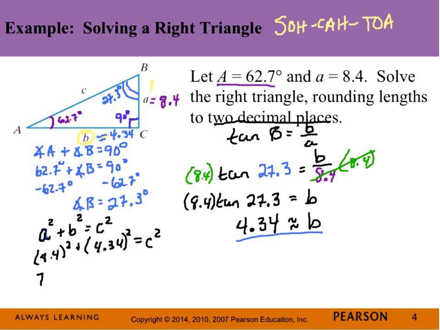And when I square 8.4, I get 70.56. And when I square 4.34, I get 18.8356, and that equals c squared.